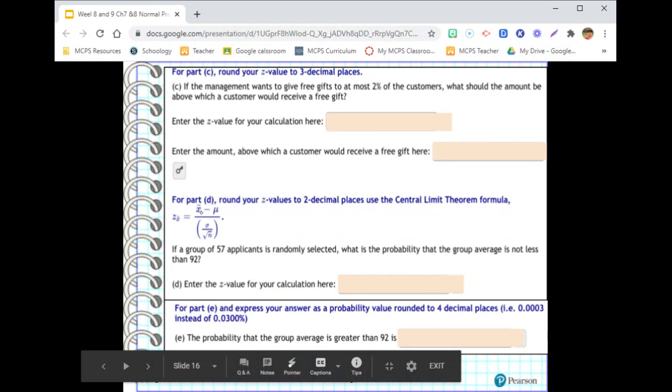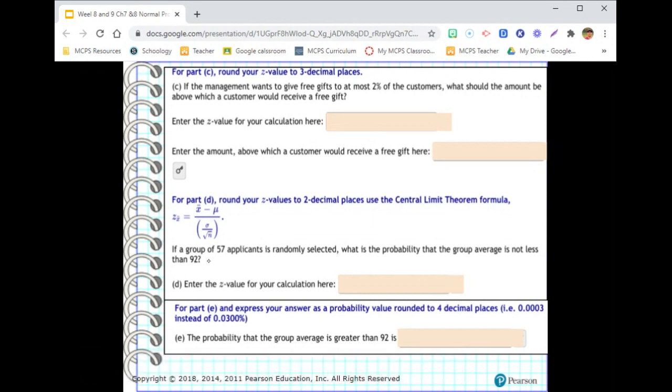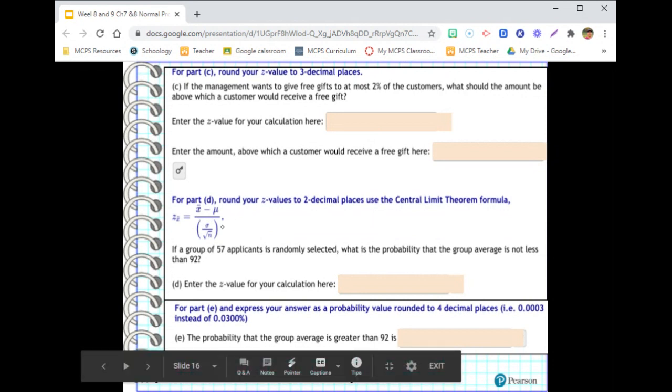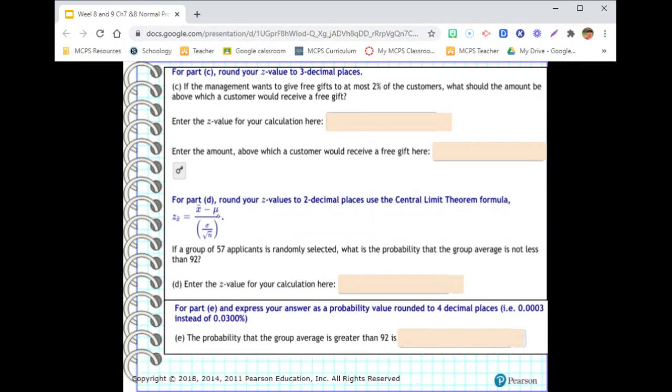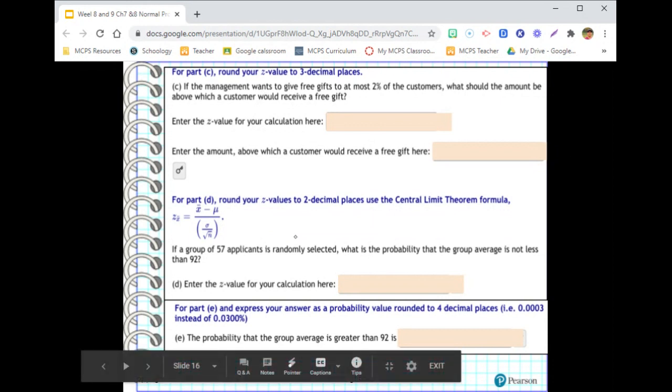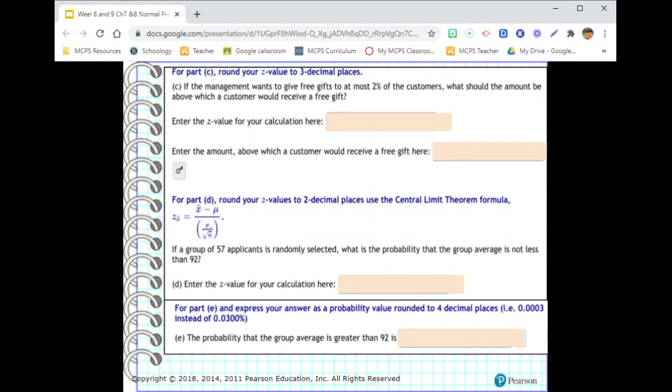Your X bar is going to be 92, and then your mean is 98, divided by standard deviation 17 divided by the square root of 57. You all do that in a calculator.